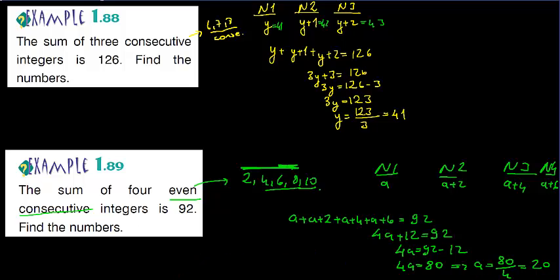So the smallest number is a, which is equal to 20. Then the next number is 22, the next number is 24, and the last one is 26.